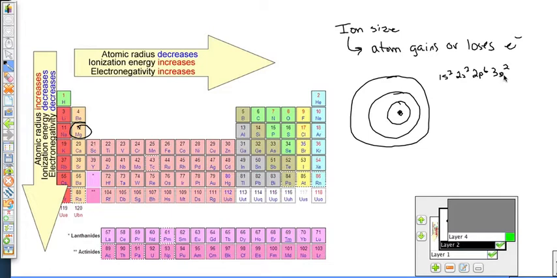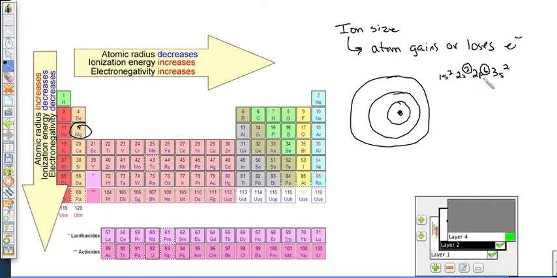Okay, so it has a full energy level number 2. In order to have a full energy level, you have to have in the outer energy level a total of 8. Notice we have 2 electrons here and 6 electrons here. If you don't understand this electron configuration thing, watch my previous video on electron configurations and you'll get it. And so you have 2 electrons in energy level number 3.